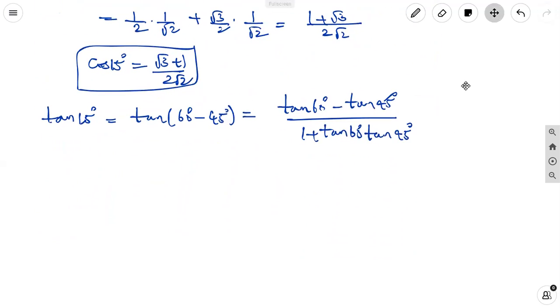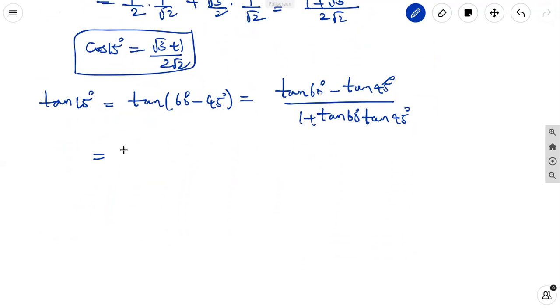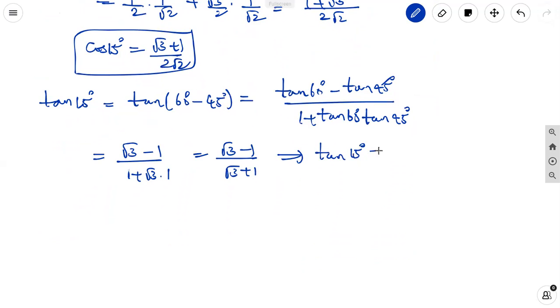Tan 60 degrees value is root 3, tan 45 is 1, so it is root 3 minus 1 by 1 plus root 3 into 1, that is root 3 minus 1 by root 3 plus 1.